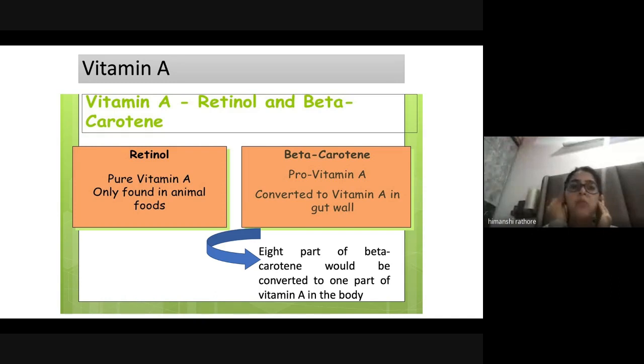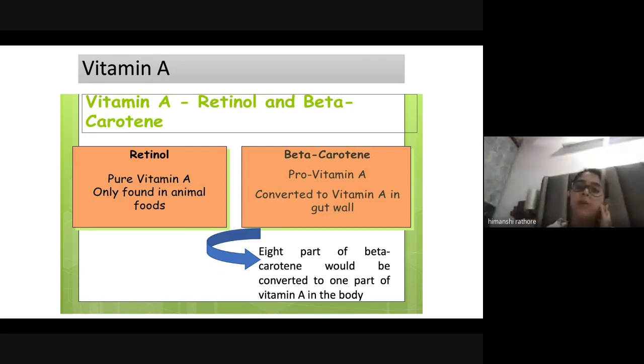Now, vitamin A is also called retinol and beta carotene because it contains retinol and beta carotene. What is retinol and beta carotene? Retinol is the pure vitamin A and it is only found in animal foods like meat and egg, foods which are produced by animals.